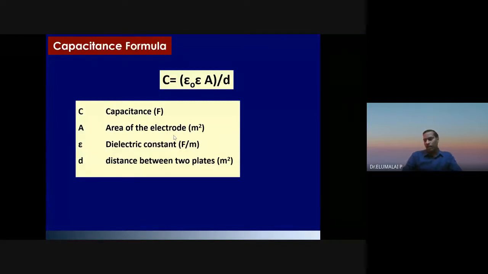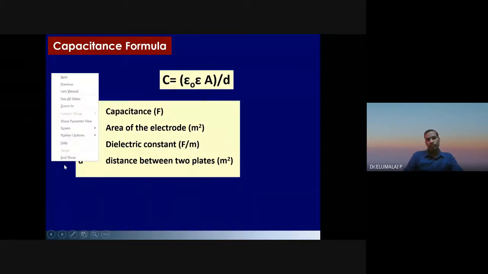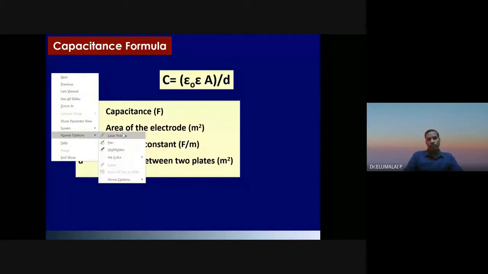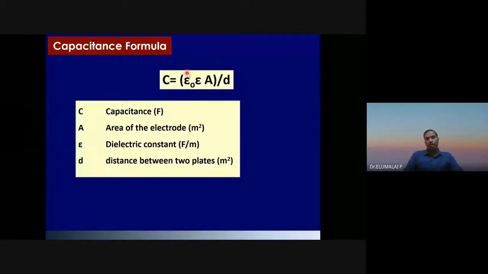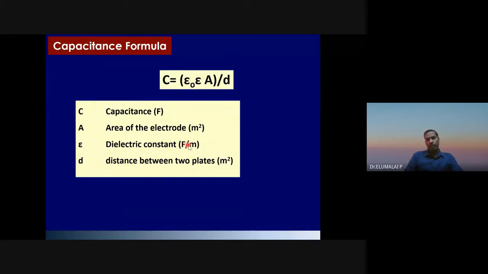So this is another mathematical expression. One can get the capacitance, or one can manipulate the capacitance. C is capacitance. And epsilon 0 is typically known as the dielectric constant, measured in farads per meter.